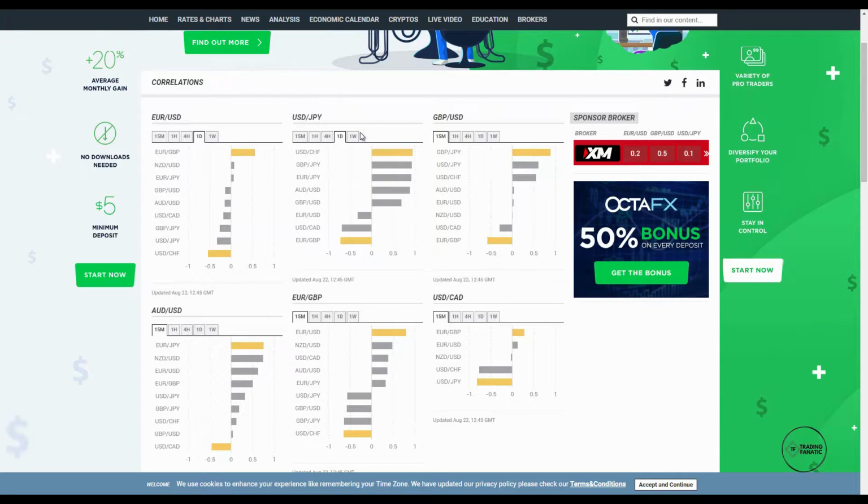So let's switch to the daily and see if we want to trade. Let's go with a live example. If we want to trade USDJPY, for example, and we want to implement some confluence to the trade, what we can see is that it correlates 95% to USD Swiss franc. So that's even a very extreme correlation.